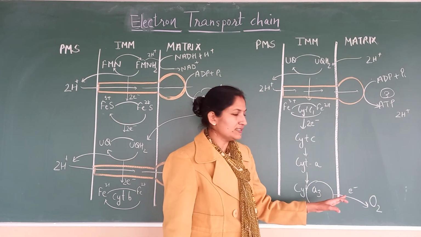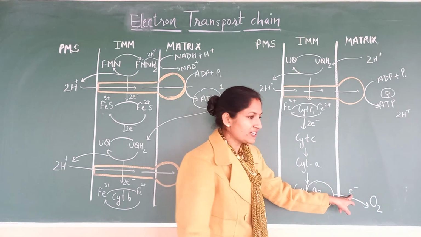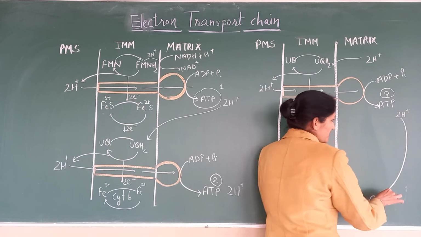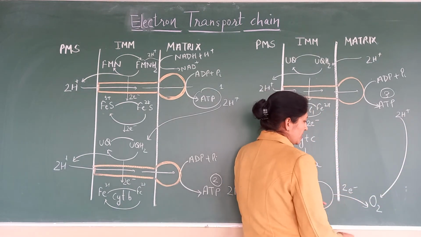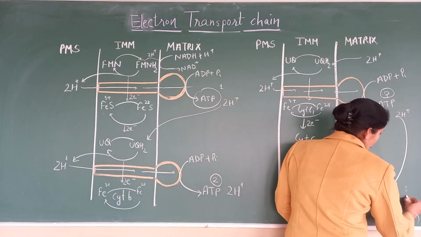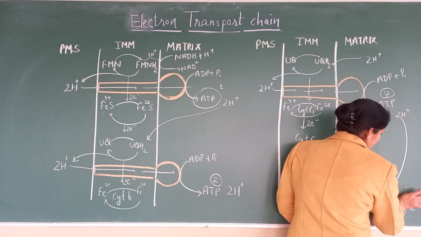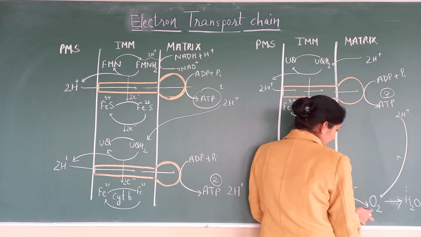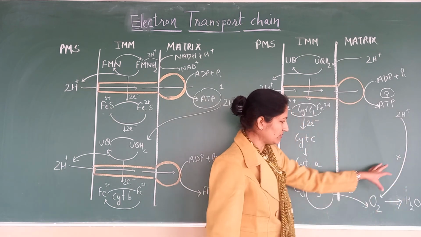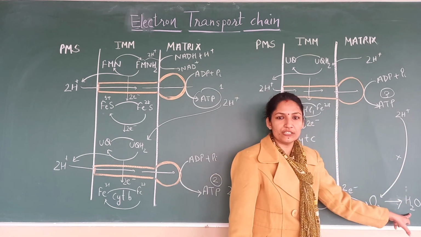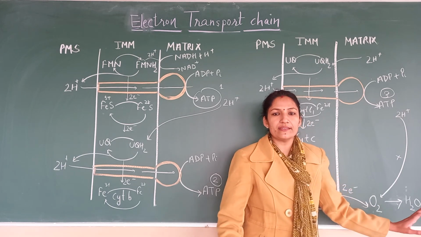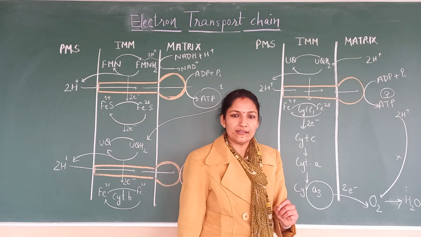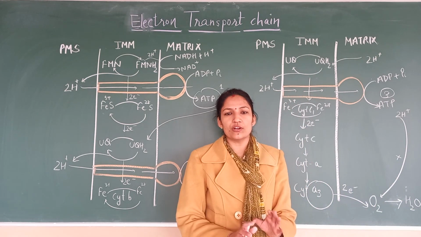Fine. This oxygen, by taking these electrons and the hydrogen which is present in the matrix, is going to make water. All these three things will make a water molecule. This is the end reaction of this particular chain process. It means at the end we are making a water molecule.